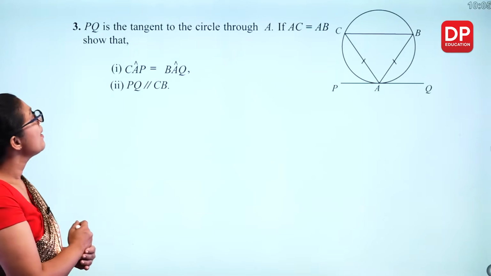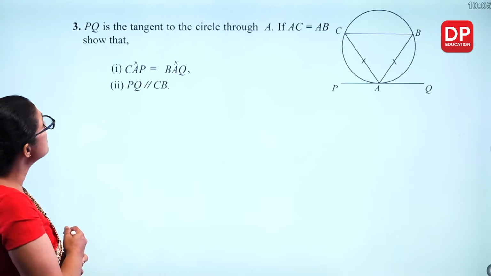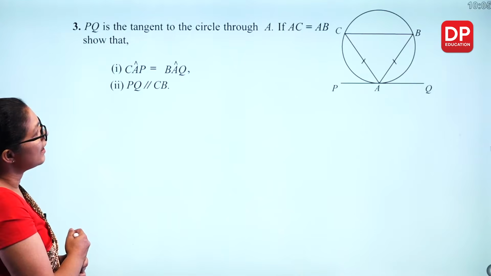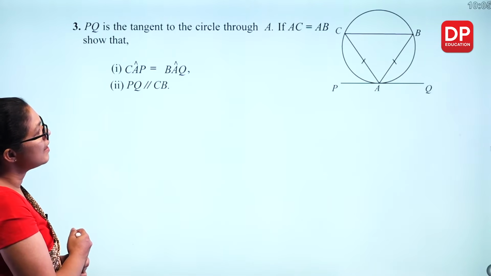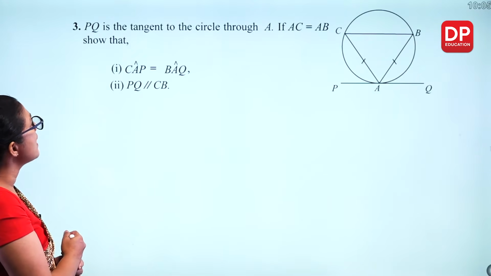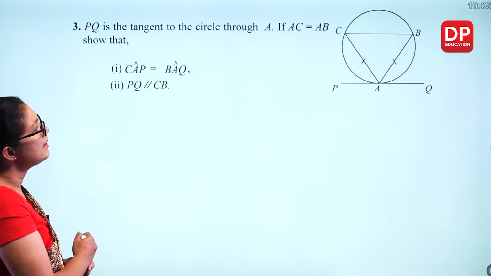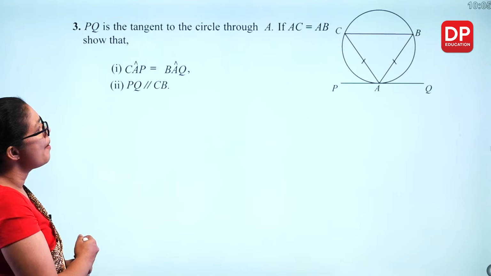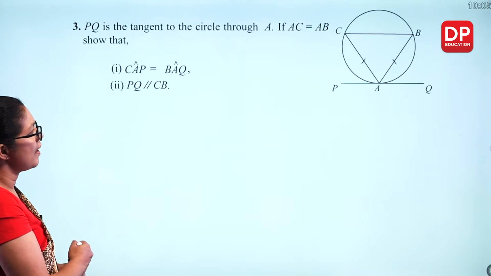Question number 3. PQ is the tangent to the circle through A. If AC is equal to AB, show that CAP angle is equal to BAQ angle.